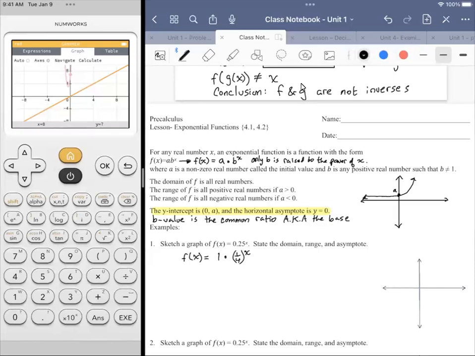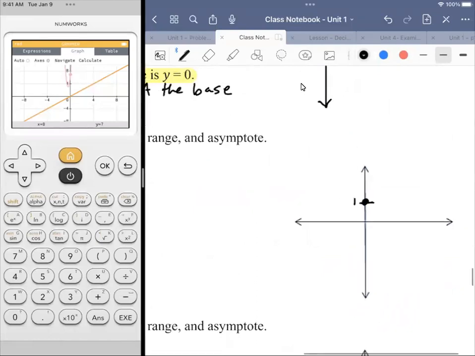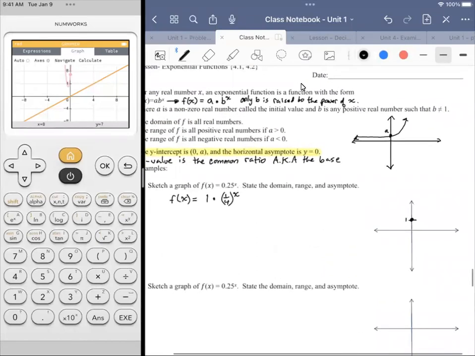So I can get the y-intercept out of this. Let's bring it in real quick. I know it's going to cross the y-axis at that location.